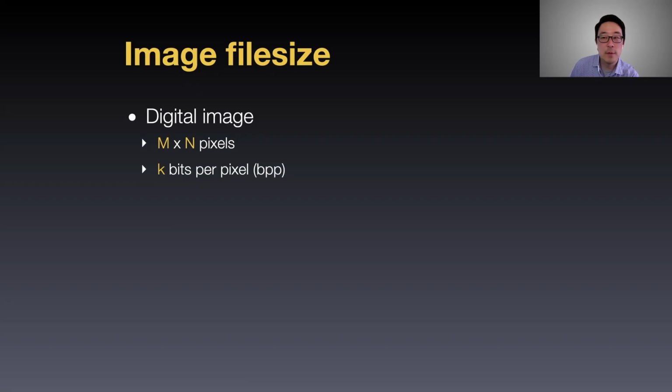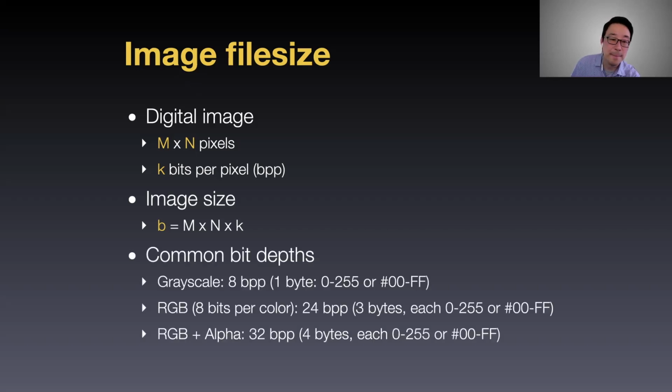So we're going to have a total of pixels, let's say in this case, capital M columns and capital N rows, so a total of M by N pixels, and then multiply that by the number of bits we need per pixel. So your overall image size in bits is just going to be those 3 things multiplied together.